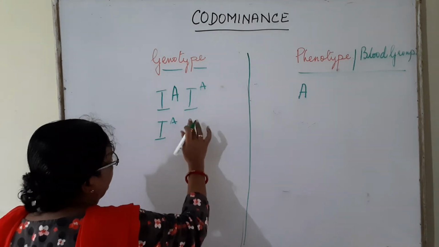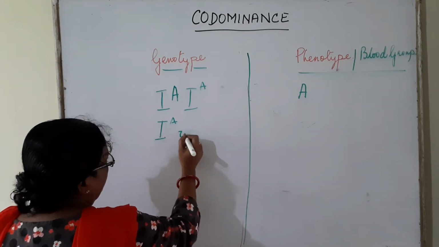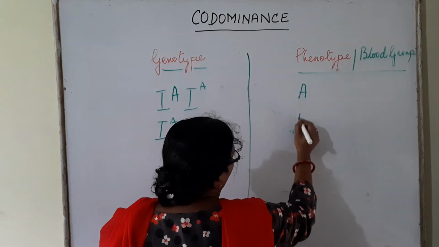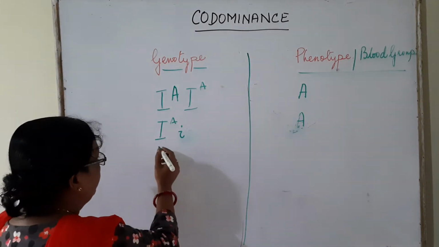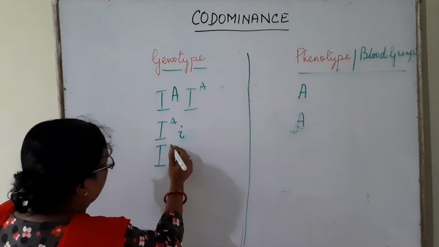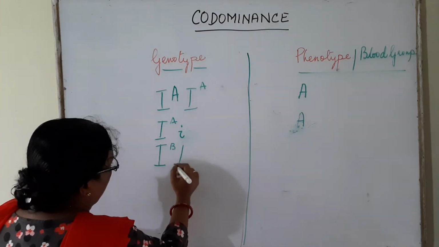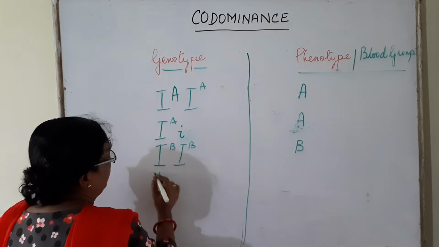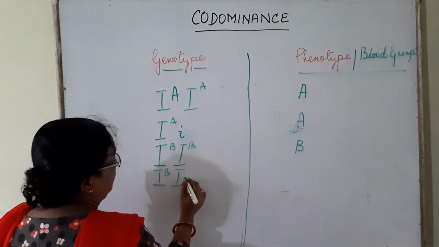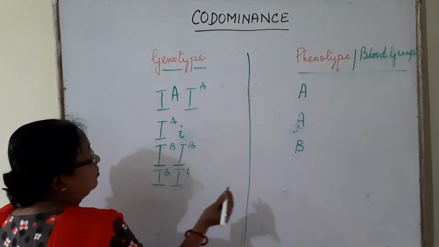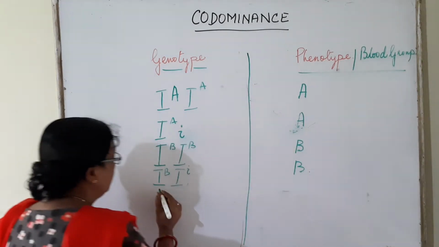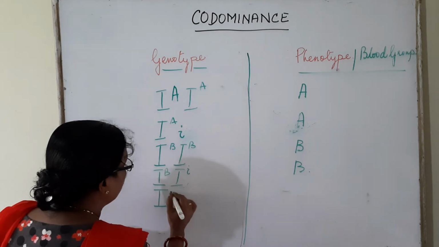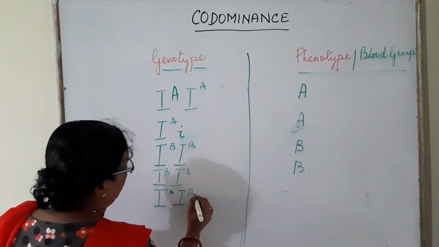IA and i will also be A, heterozygous A. IB and IB, this is B. IB and i will be heterozygous B. And then another we have is IA and IB.